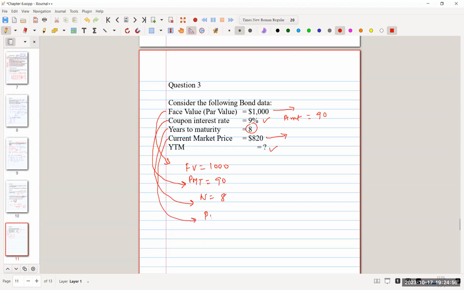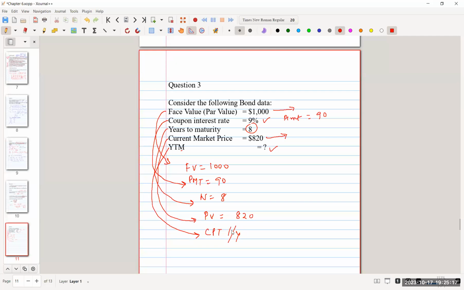This is present value, current market price. Folks, don't enter these values into your calculator yet. I will tell you first what to do. And then YTM is what is supposed to be computed. So we will say at the end, compute interest per year.